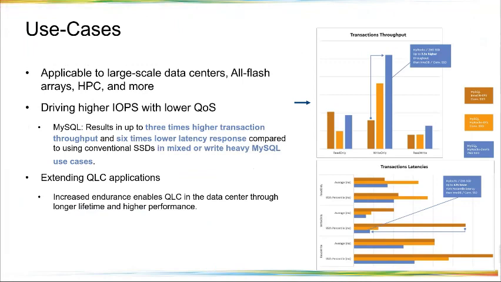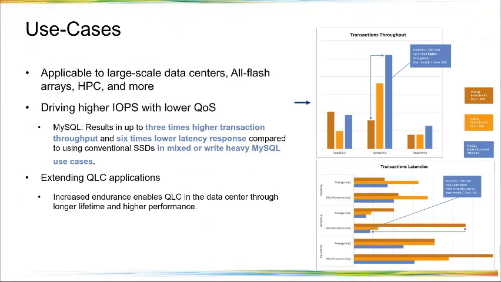So there are a lot of benefits to having a random block interface, especially since over decades we have written software towards that kind of interface. These particular SSDs are targeted at large-scale data centers, all flash arrays, high-performance computing, and more.